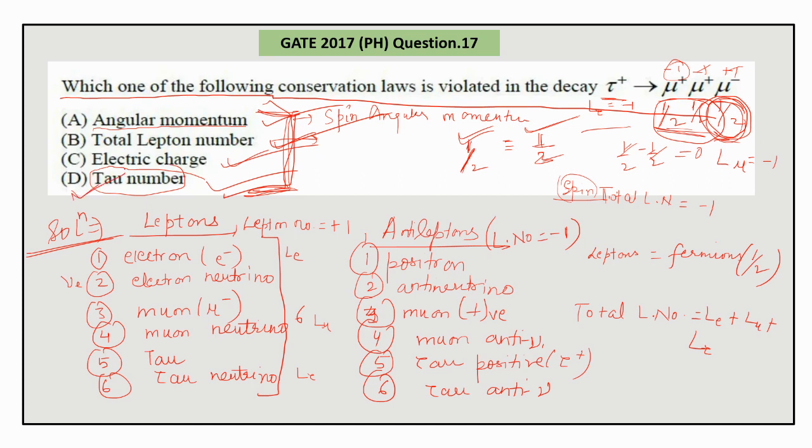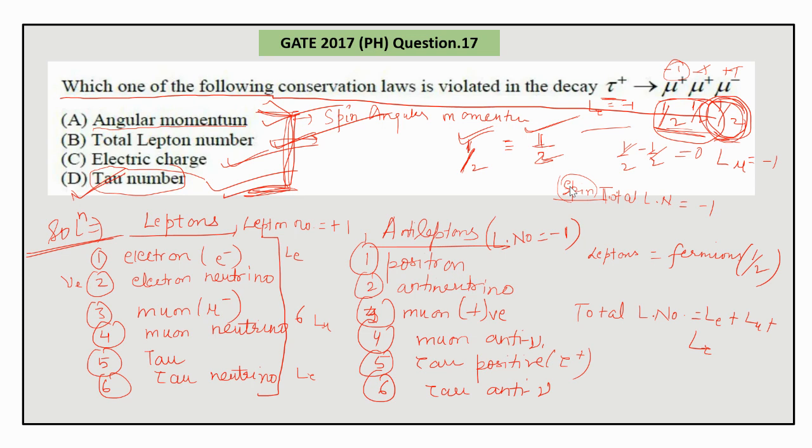So one thing: there is a conservation of total lepton number and there is a conservation of individual lepton number. For total lepton number, you have to consider the lepton number of each particle given in the equation: electron, muon, and tau. And for individual, you have to look separately. Okay, so now I'm done with the questions.